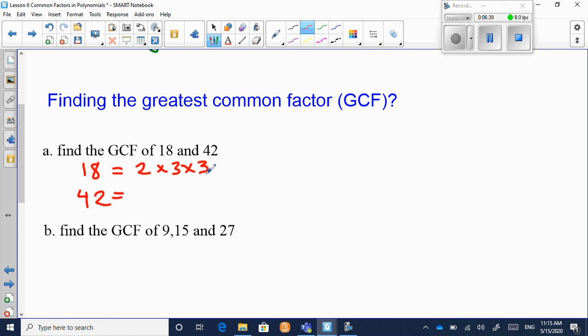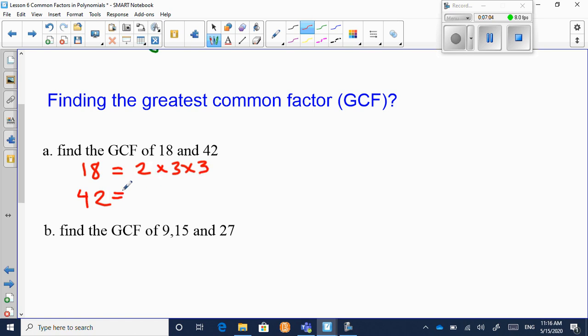Okay, so watch this. I can do the same thing for 42. And some of you are saying to me, well, how did you get those for the 18? Well, I knew that 2 times 9 was 18, and I knew that 9 was 3 times 3. So you have to work your way through it, but you can see that's how you're going to write these factors.